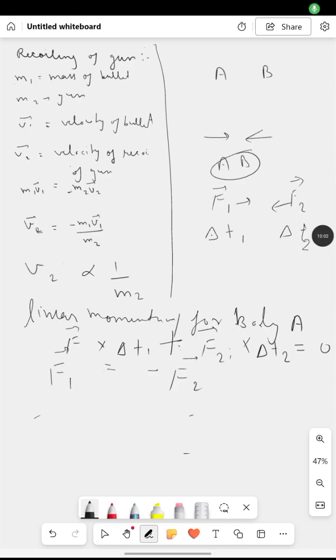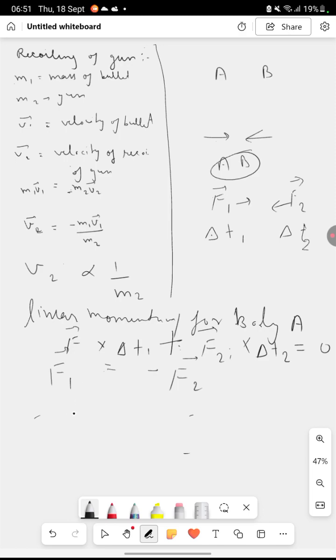We can see here there is no external force exerted on the system of two bodies. So the linear momentum in the initial condition will be equal to the linear momentum in the final condition. We have taken the total linear momentum equal to 0. So from here we have found that F1 is equal to minus F2.